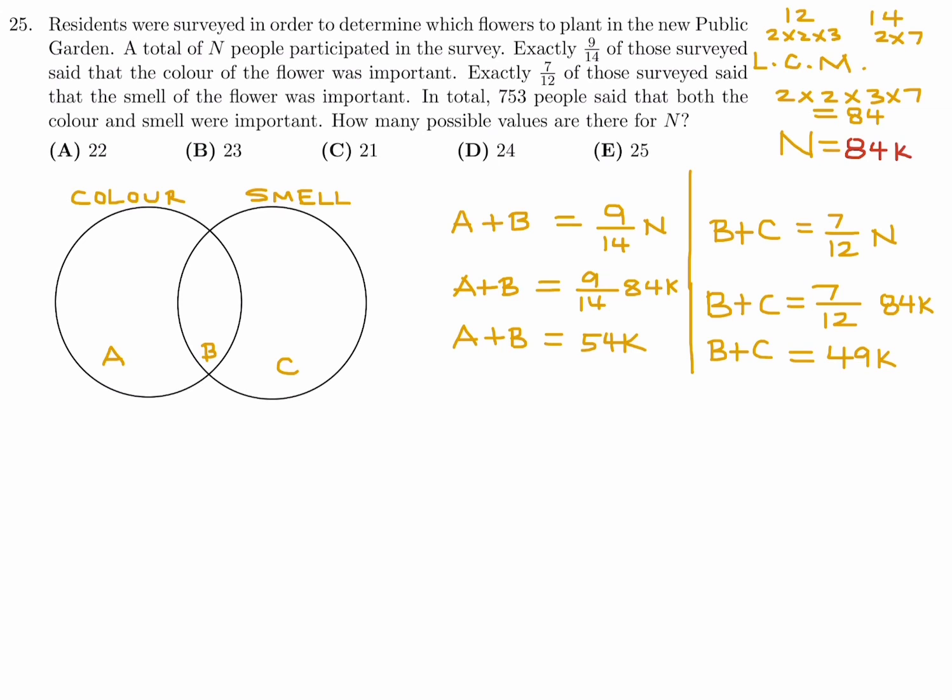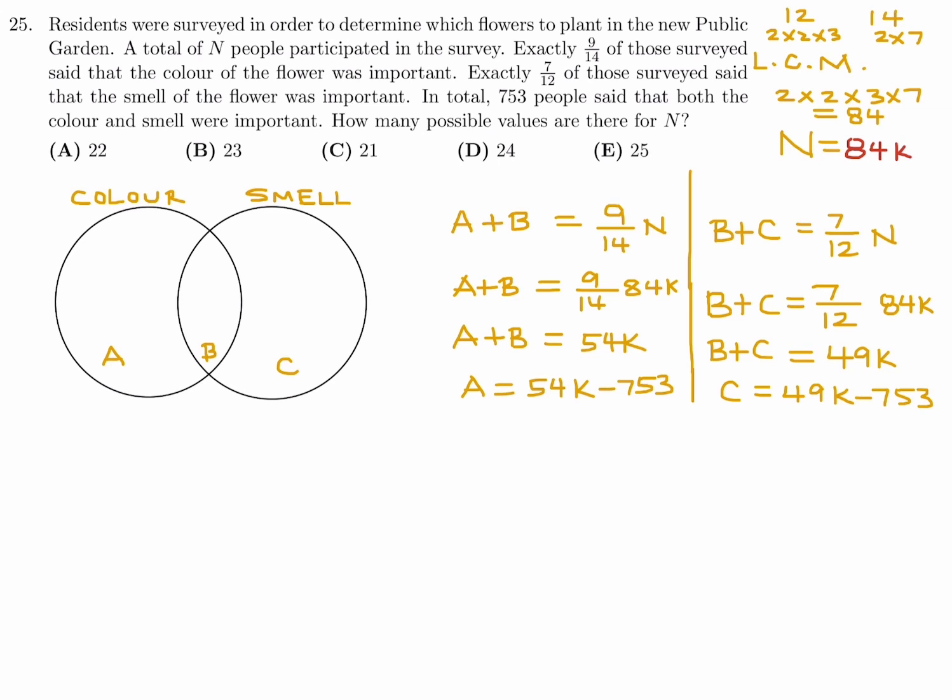All right, so now that that is established, we look at this part, which says that 753 people said that both color and smell were important. That number represents B. So B is 753. So that means A is 54k minus B, which is 753. And C is 49k minus B, which is 753.